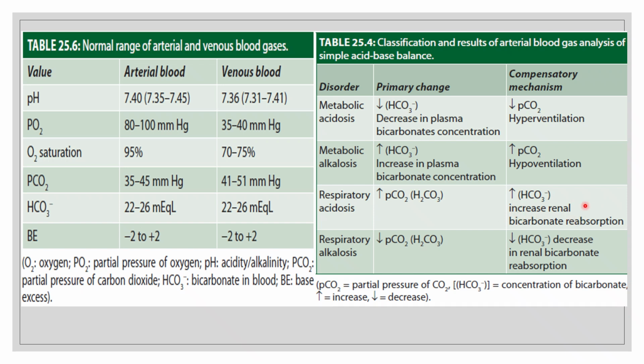So increased renal bicarbonate reabsorption increases the plasma concentration of bicarbonate. Then in respiratory alkalosis, there is a decreased partial pressure of carbon dioxide or carbonic acid. So compensation is through a decrease in the renal bicarbonate reabsorption, means more bicarbonate has to be lost through the kidneys in order to decrease the plasma concentration of bicarbonate.